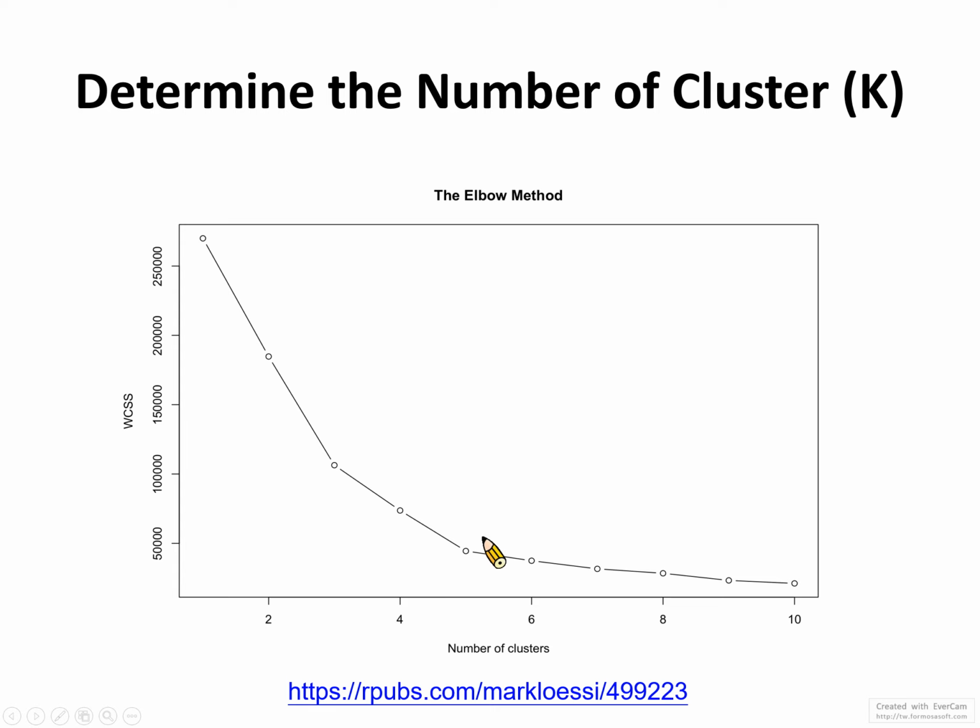So in this case, you will think that, okay, this is probably the elbow point, which means that at this point, it has no further substantial change in the within cluster sum of squares. So we can define the optimal number of clusters to be 5 based on this profile.